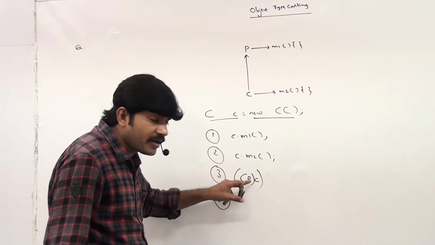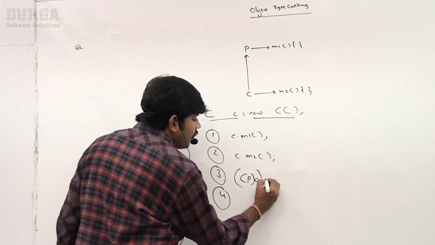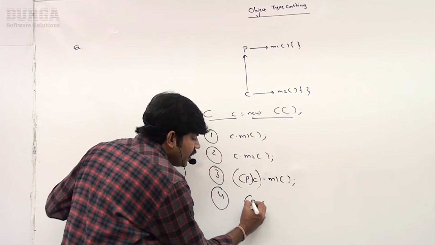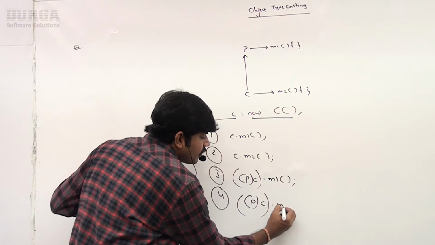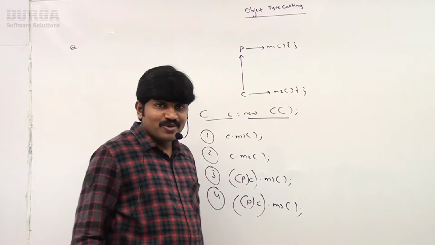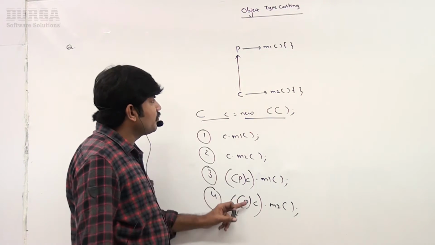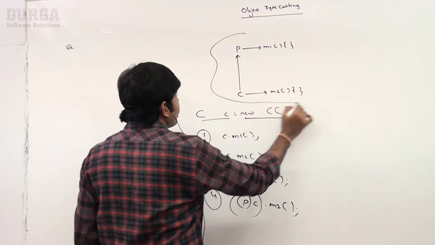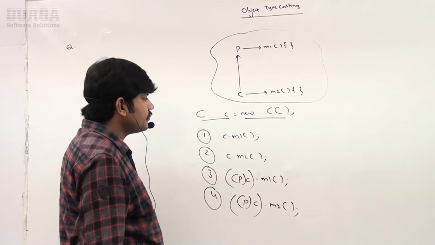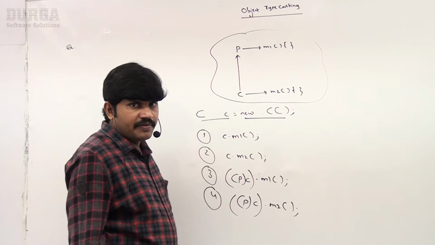Child is always trying to typecast to the parent. That's all. Can you please tell which are valid and which are invalid, according to this scenario, right?